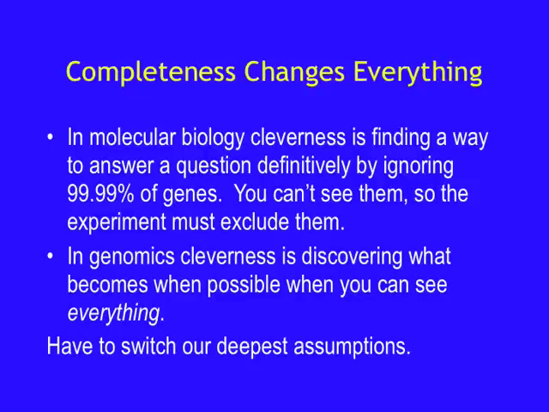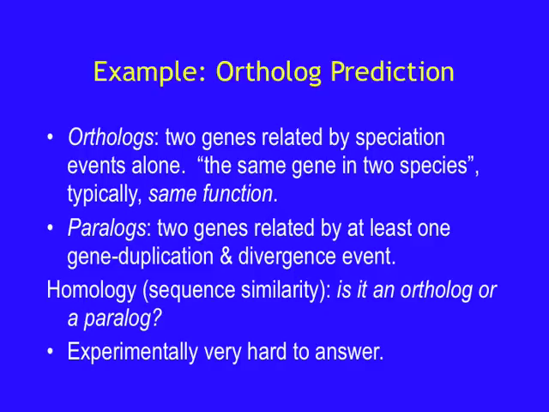So complete might mean you measured the level of expression or activity of every single gene in the genome. And that's a hard thing to get your mind around, at least for biologists. So I'm going to give you a simple example that hopefully will illustrate for you the power of this way of thinking. And then you'll see some examples during this course of how we use this kind of idea. All right. So first, a definition.